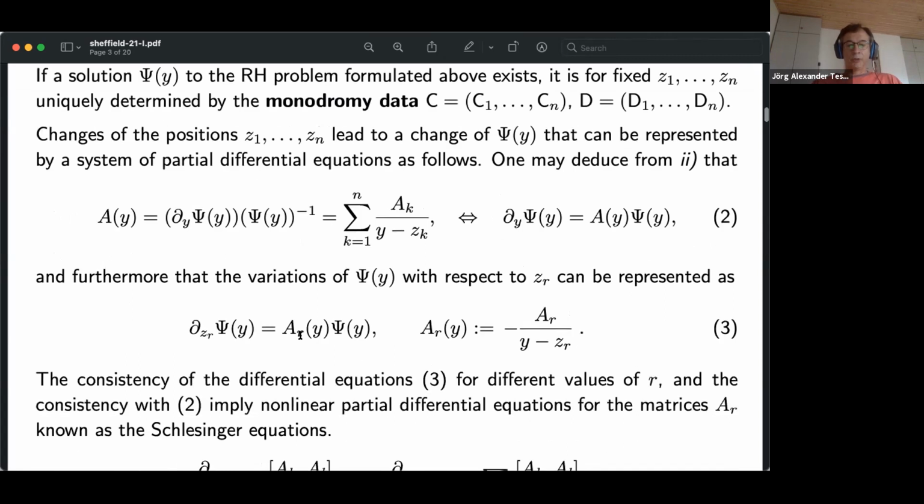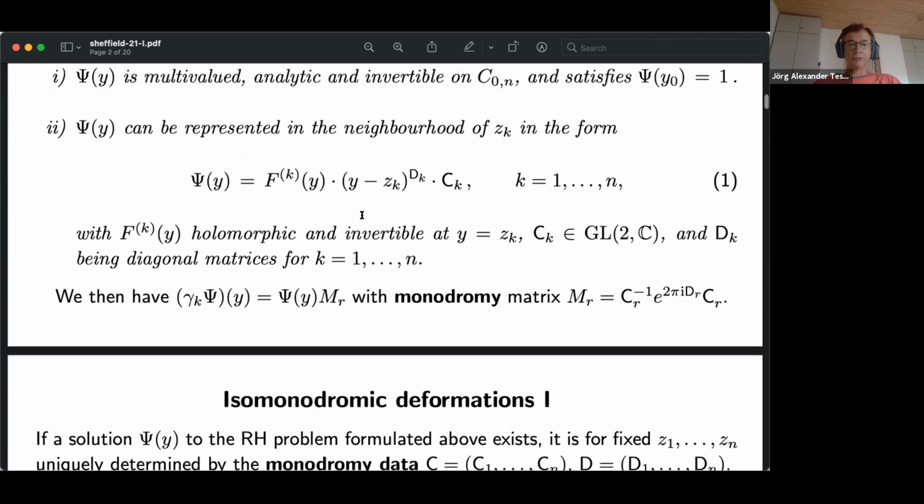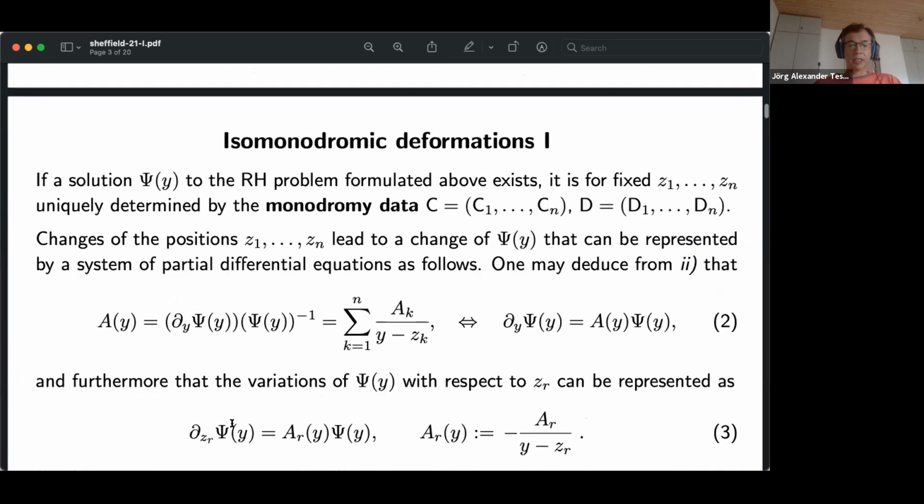You may furthermore notice that this formula also allows you to figure out how the derivative with respect to zr of psi of y behaves near the singular points. Namely, you can represent the derivative of psi as multiplication with something which is again a function of y.